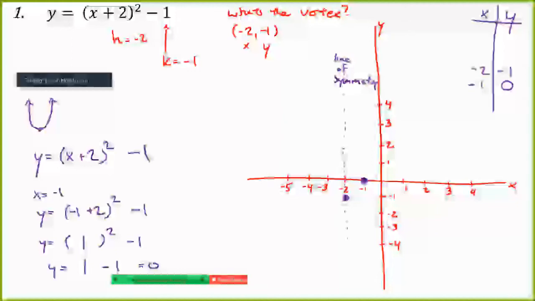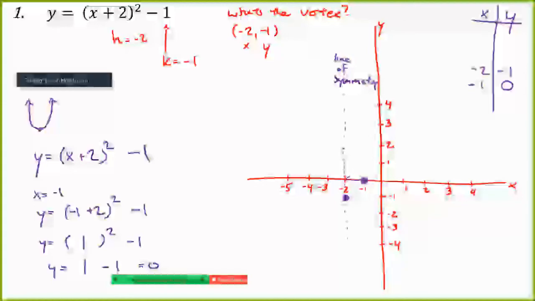Okay, so let's talk about the symmetry real quick. Remember that these parabolas we're graphing are symmetrical, meaning the left side of it is matching the right side of it, like mirrored across the line of symmetry. So that means right across the way from the point we just made.